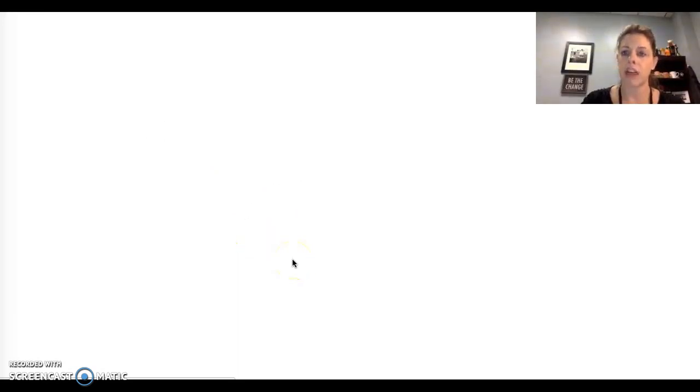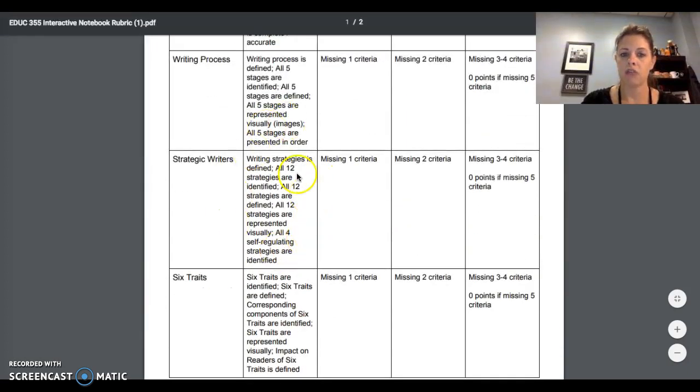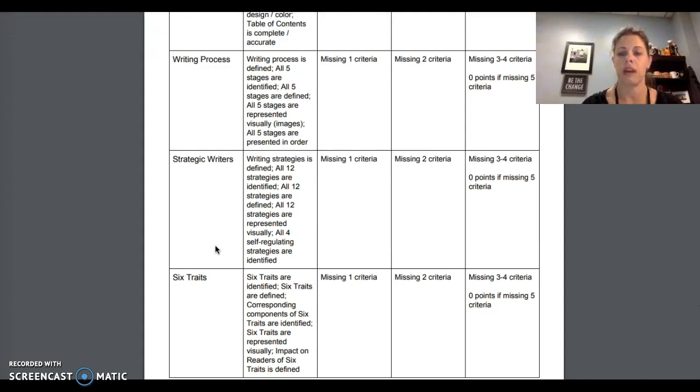So you want to make sure that as you're editing your interactive notebook that you have all 12 strategies identified, defined, and represented visually. So it should be a resource that you can use. We want to be able to picture things as we are learning about things. Make sure also that you identify within those 12 what are the 4 self-regulating strategies that we want students to be able to get to that point of regulating on their own and kind of mentally just going through that process because they're built up to that point.